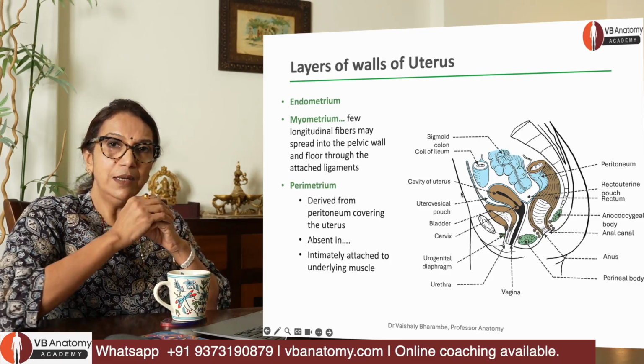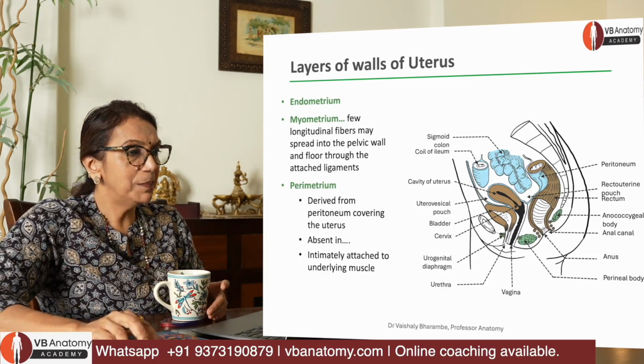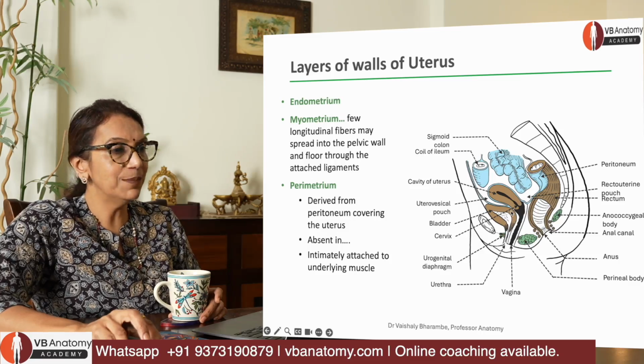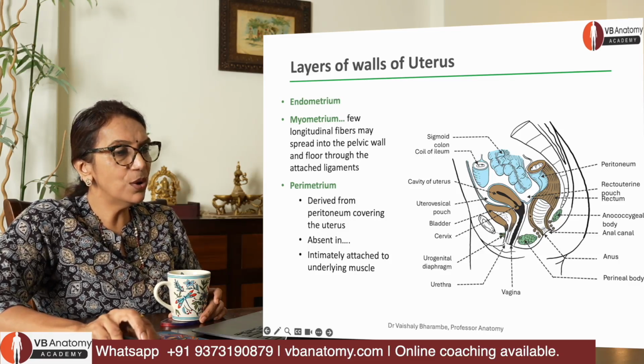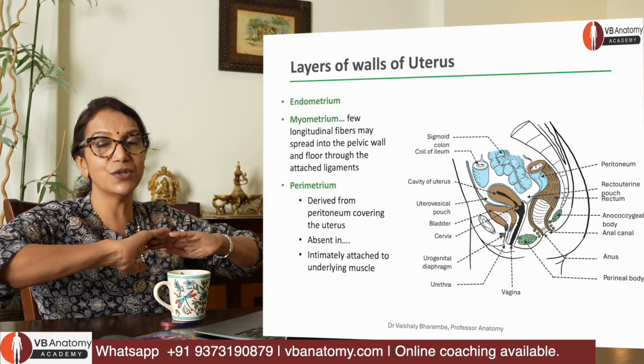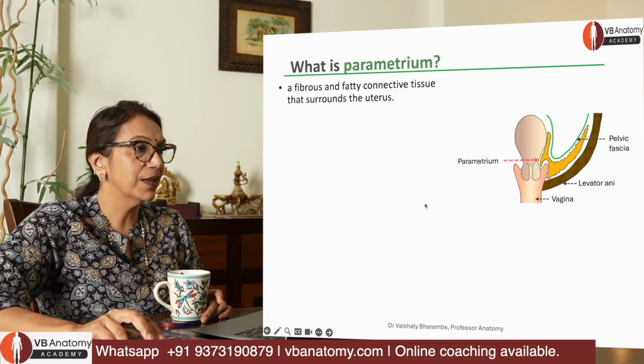There's an intimate attachment of the perimetrium to the underlying musculature. The perimetrium, as you are aware, stops short of the isthmus anteriorly and posteriorly goes on to cover much of the uterus, isthmus and posterior fornix of the vagina to then get reflected onto the rectum.